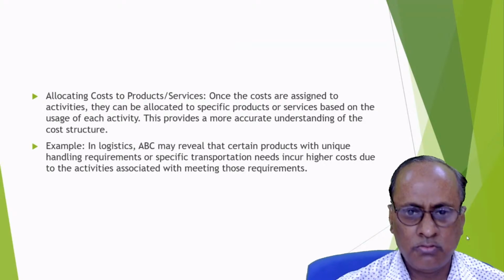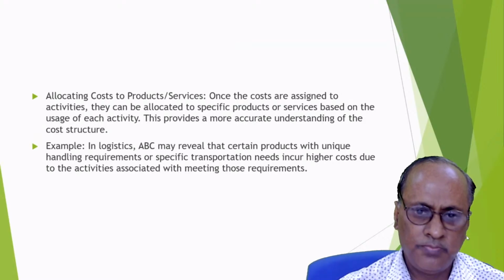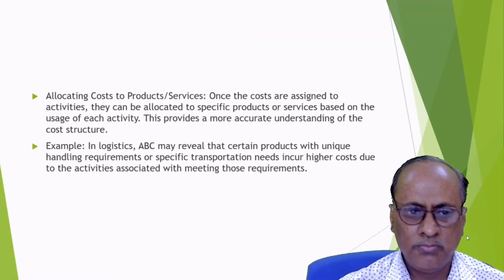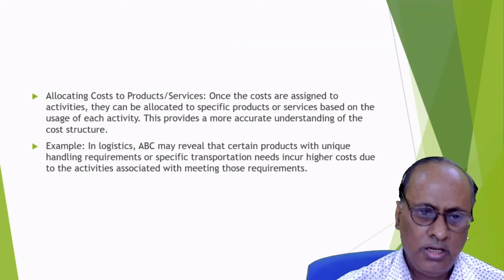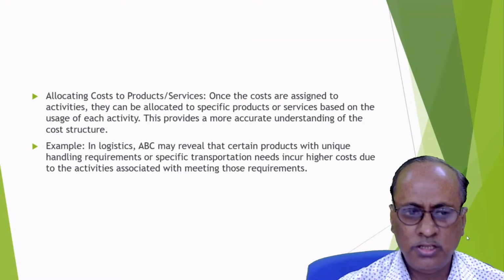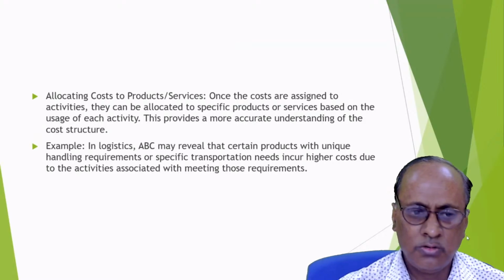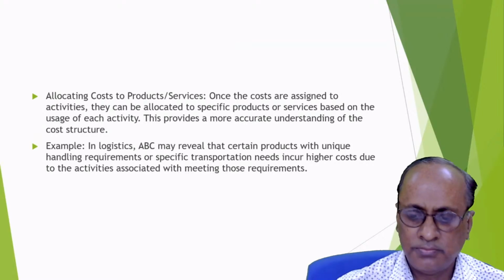Allocating cost to the product: once the costs are assigned to the activities, they can be allocated to specific products or services based on the use of each activity. This provides a more accurate understanding of the cost structure. In logistics, ABC may reveal that certain products with unique handling requirements or specific transportation needs incur higher costs due to the activities associated with meeting those requirements.